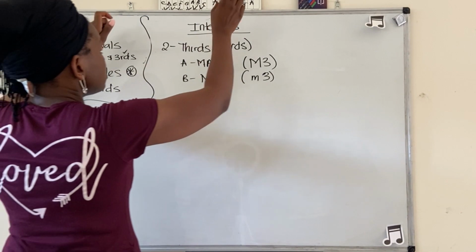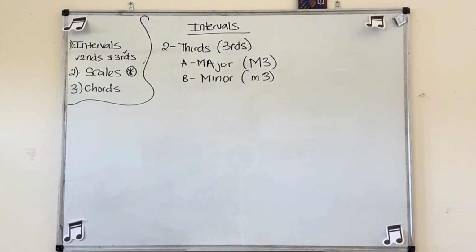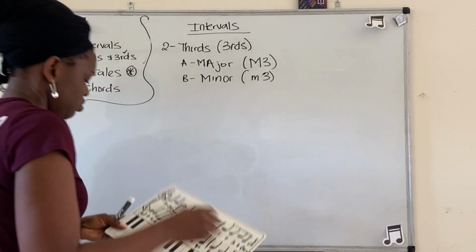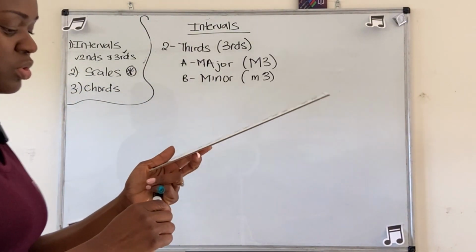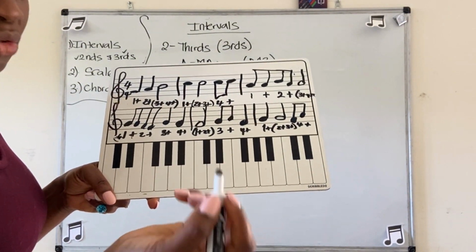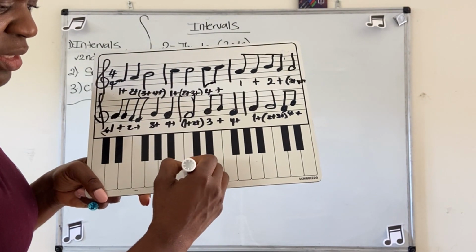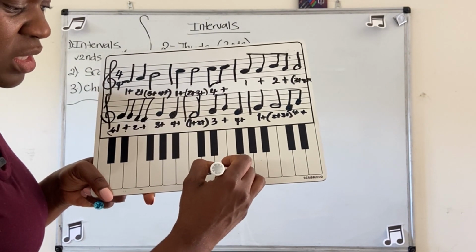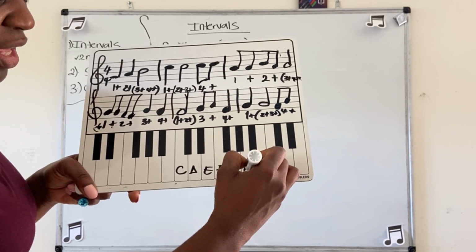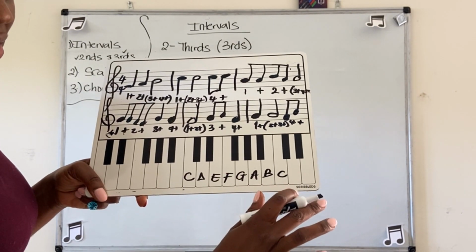So now I will still be using my piano to illustrate, because I really want us to be close. Let me come closer. I realized that the first one wasn't very close. Let me take C from here. I mentioned in the introductory video that the C is before the two black keys, and then you also see D, E, F, G, A, B, and C. That's the C scale.